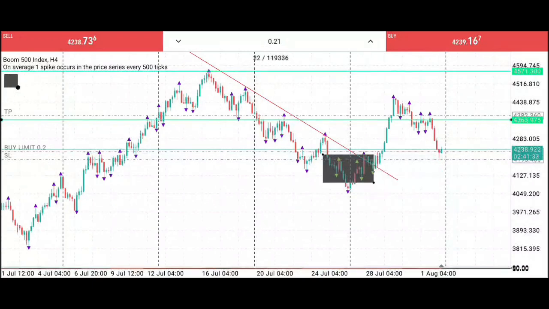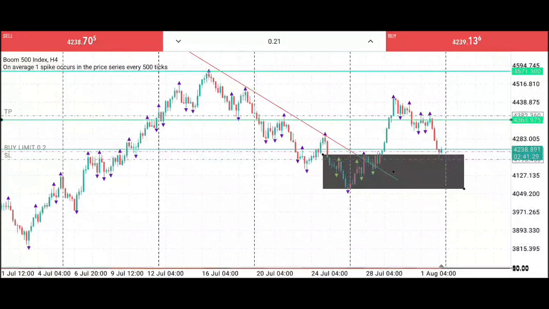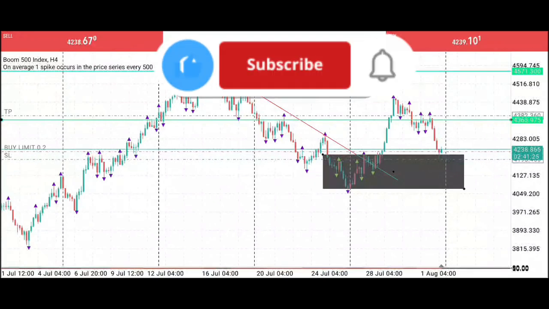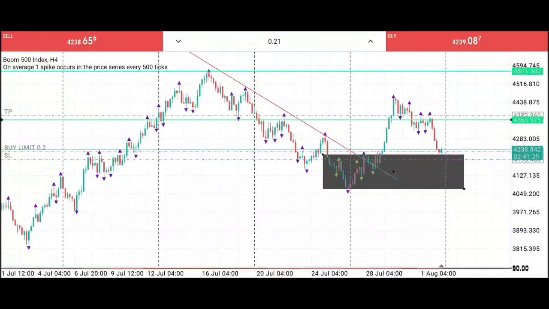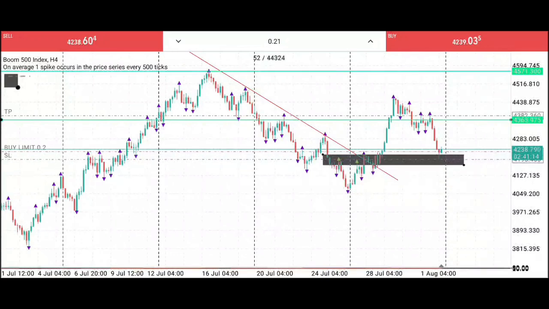Another thing I've noticed about this Boom and Crash is that because you are looking at it from the lower time frames, 15 minutes, 5 minutes, 1 minute, we fail to see some beautiful and simple price action that is going on in this 4 hour time frame.